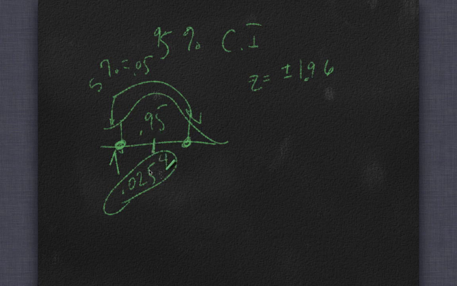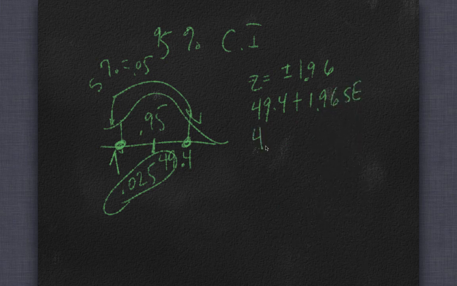So then we say, okay, well, here's the mean. So in our case, 49.4. And from 49.4, I want to go 1.96 standard deviations in one direction, and 49.4 minus 1.96 standard deviations in the other direction. And instead of standard deviation, we just call it standard error because it's on sample means instead of on individual values.